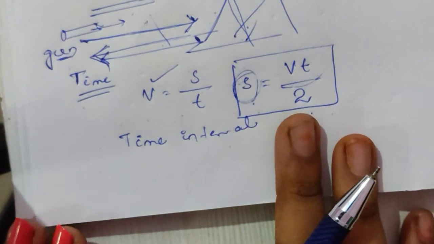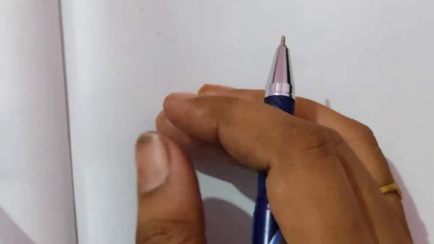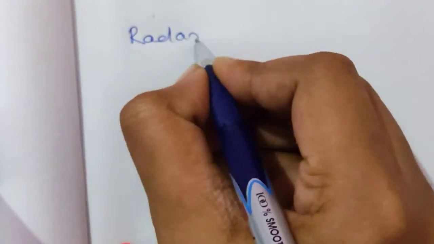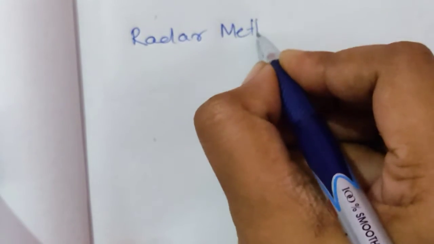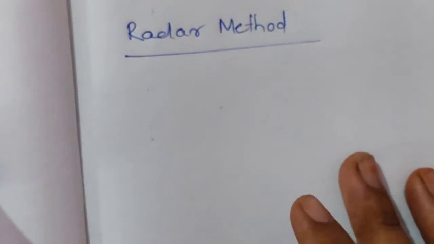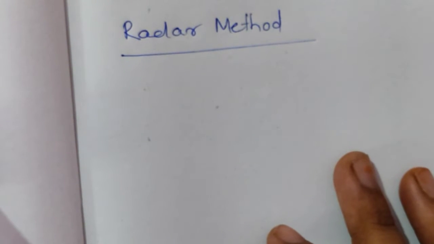In a similar way, we have one more method, which is known as the radar method. Now this method is used to measure the distance to nearby planets, such as Venus, which is very near to Earth.